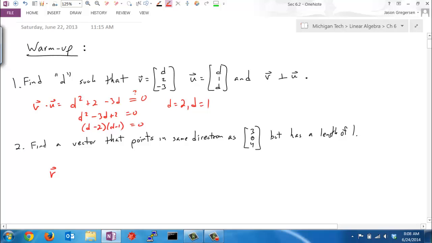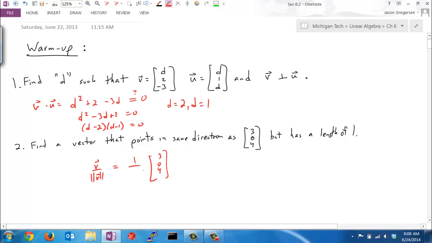They don't have a specific notation for a unit vector. They just write the unit vector by its definition, which is this thing. It says take that vector and divide it by its length. So in our case, we have 3, 0, 4. To find the unit vector, it's just going to be that vector, 3, 0, 4, divided by its length, or multiplied by 1 over its length.